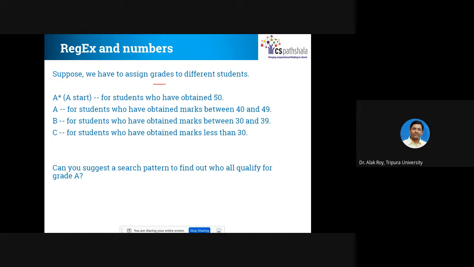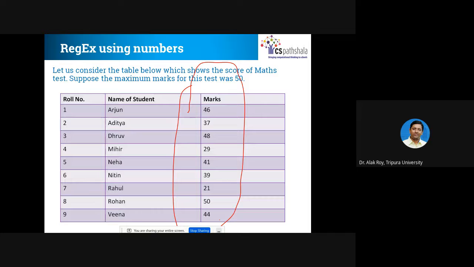Suppose we have to assign grades to the students. A star for students who have obtained 50, A for 40 to 49, B for 30 to 39, C for 30 and below. So your aim is to put them in some grade, like here it will be A, it will be B, it will be A, depending upon their marks.